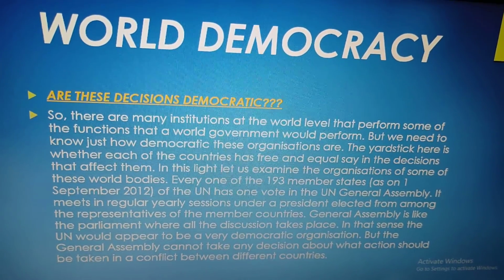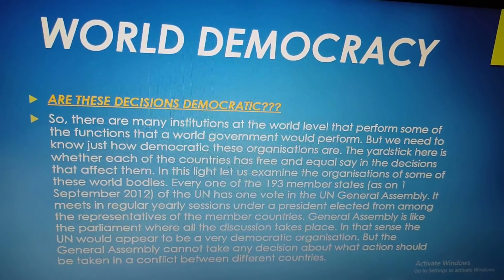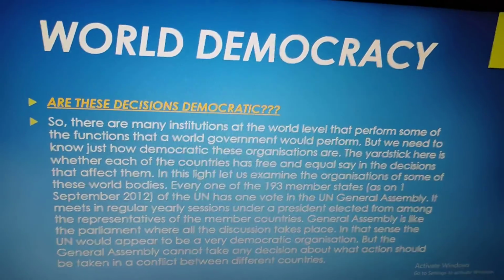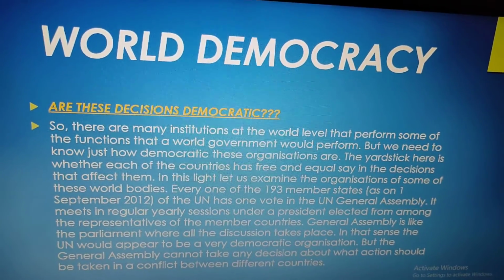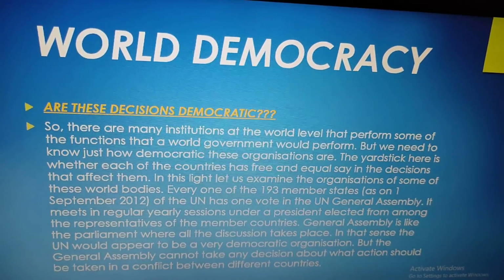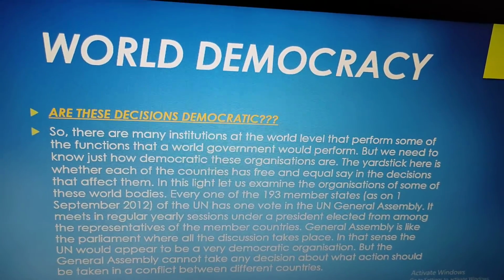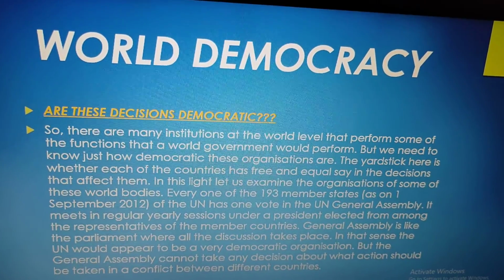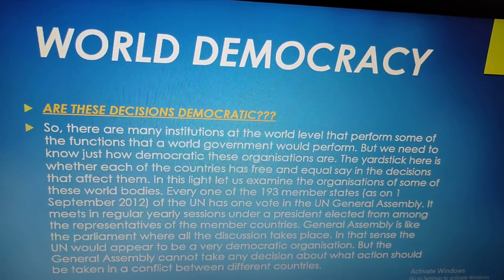But we need to know just how democratic these organizations are. The yardstick here is whether each of the countries has a free and equal say in the decisions that affect them. In this light, let us examine the organizations of some of these world bodies.